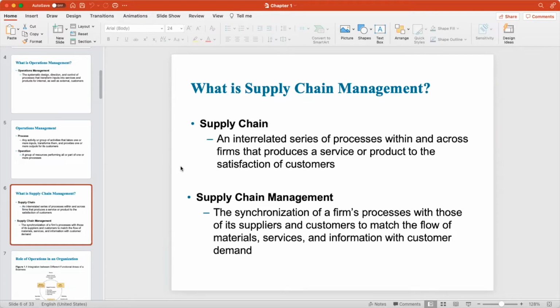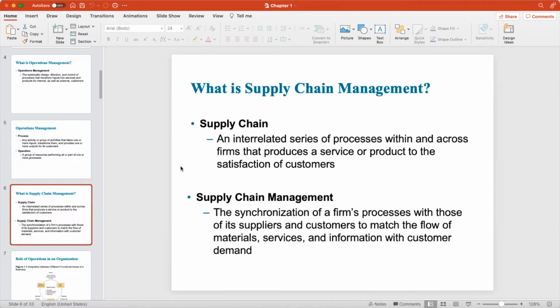First of all, operations management is more focused on improving internal operational efficiency by transforming the input to the output. Then what is the key difference regarding supply chain management? Supply chain management is more focused on the external collaboration between your firm and, for example, your suppliers or the firm's customers.